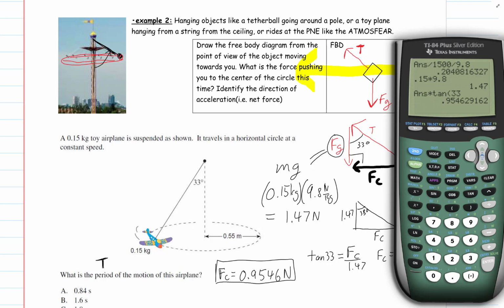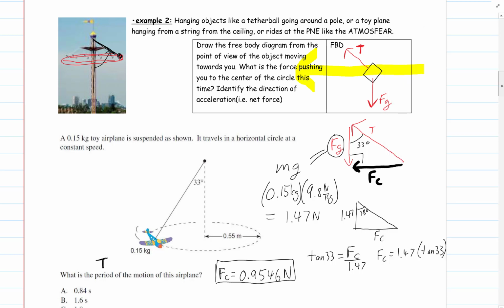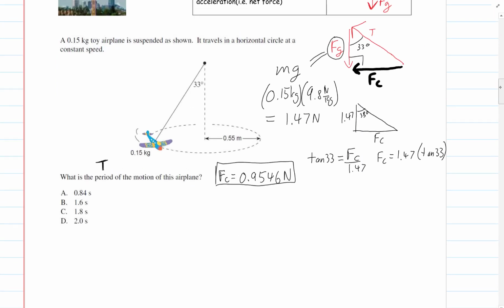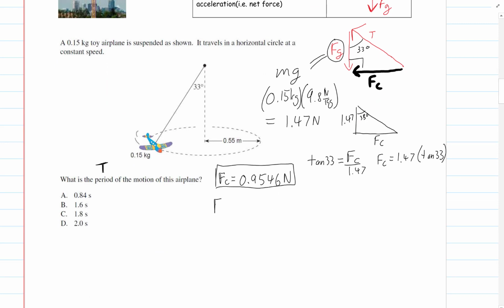Now that doesn't answer the question, but that gets us really close to it. FC is the net force. And that's equal to m a_c. Now we have two formulas for the centripetal acceleration.